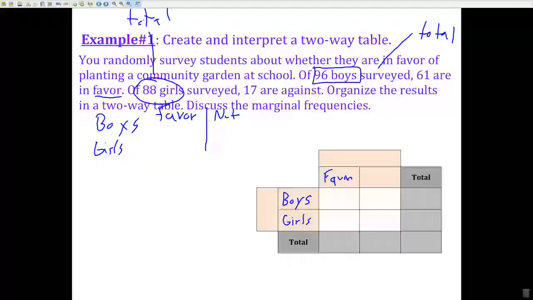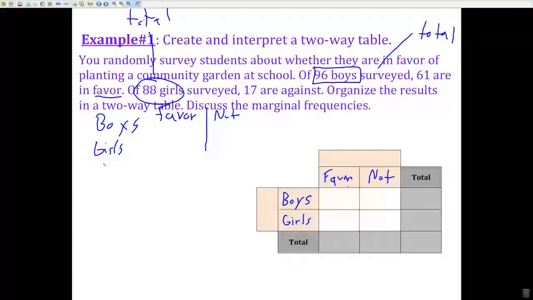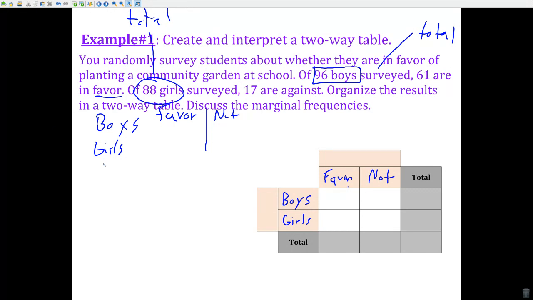Favor, I can't really write here. And then I'll just write not. Okay. And so we want to categorize all these things so that we can properly have some good results. Then someone can just kind of look at our chart and say, hey, well, that's what that is. That's what that means.